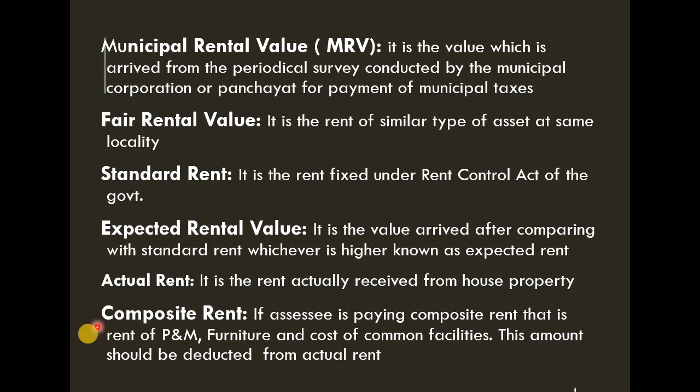Then there is composite rent. What is composite rent? There may be a possibility that the assessee or tenant may pay a composite rent, that is rent of plant and machinery, of furniture, and cost of common facilities, etc. So here what happens is you are not only paying the rent of the house, but also the rent of plant and machinery, the rent of furniture, and the rent of some common facilities.